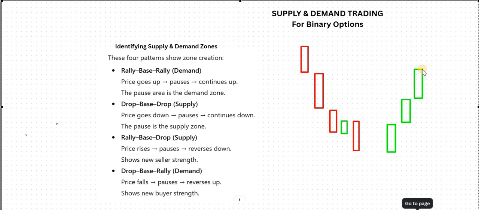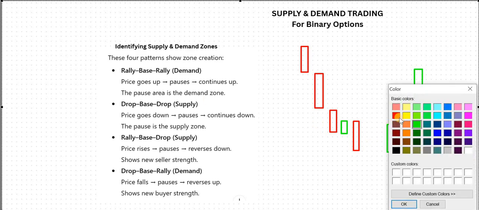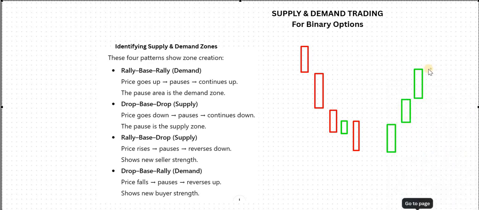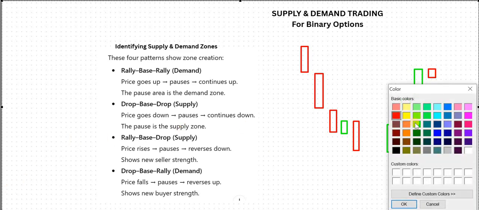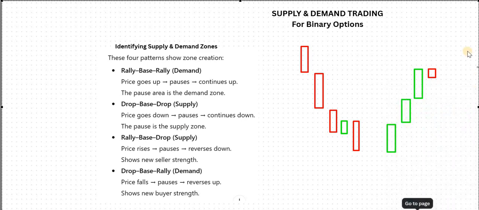You have something like this, and then you have a candlestick which is going to cause a retracement, maybe as small as this, and you have the continuation candlestick just like this. This is perfect.